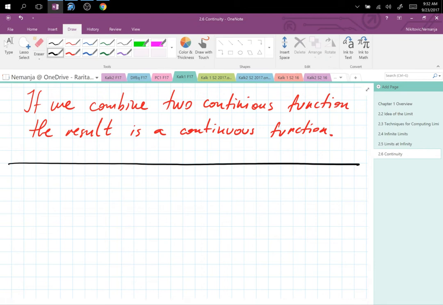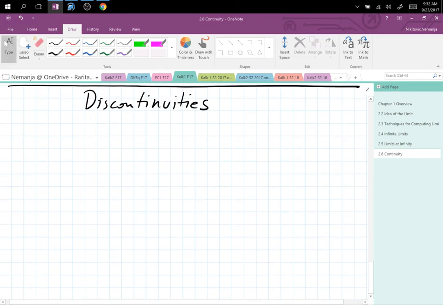First, we start in analyzing what it means for a function to be discontinuous. Discontinuities. Let's take a look.